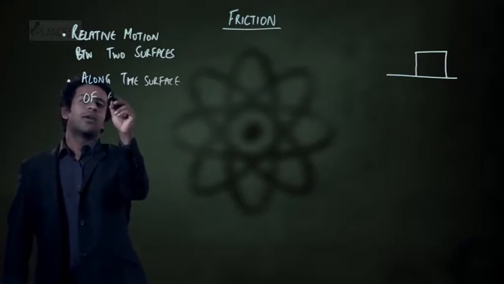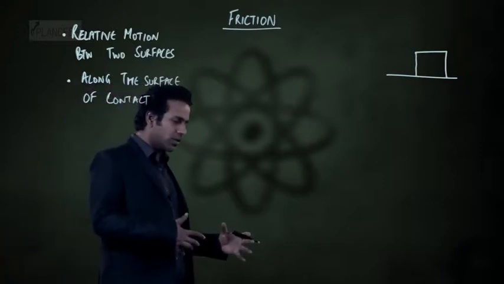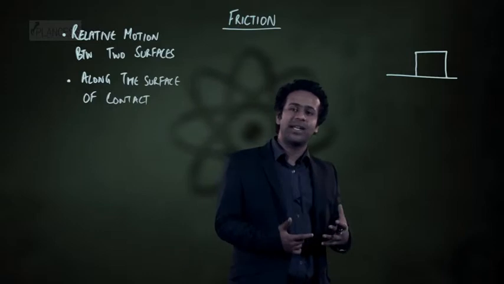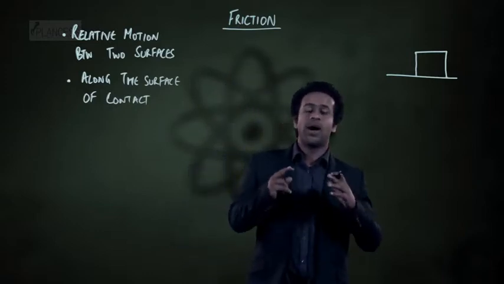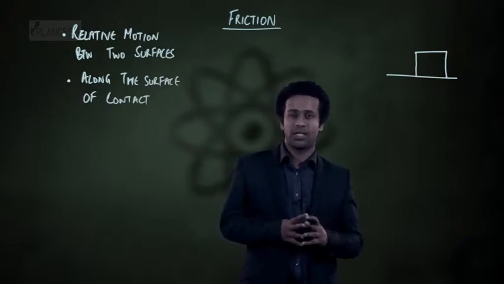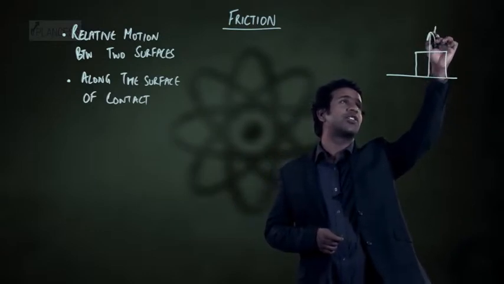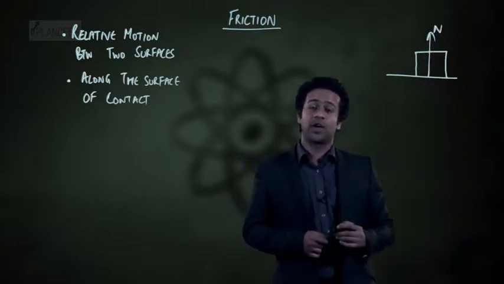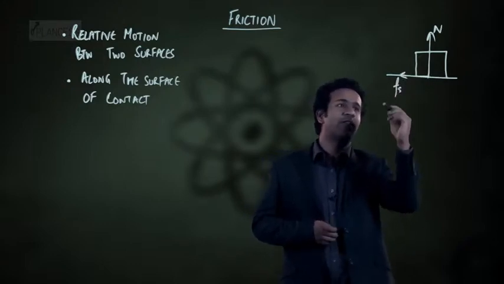So, you could say that the total contact force that a surface or a body exerts on another body has two components. One which is perpendicular to the surface and one which is along the surface. The component which is perpendicular to the surface is called normal, and the component which is parallel to the surface is called frictional force.